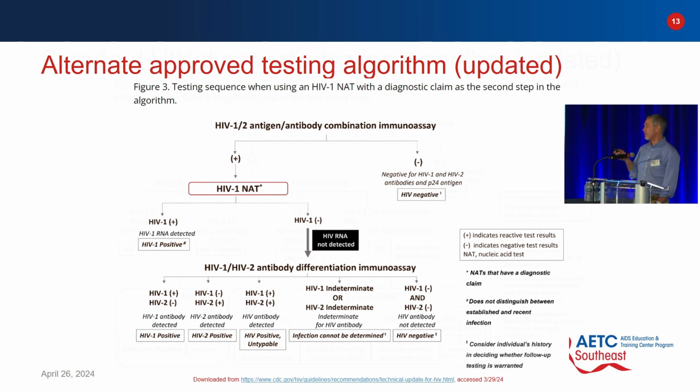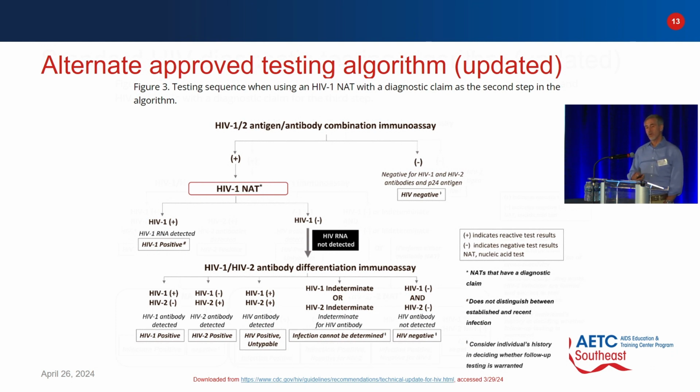And so if the first antigen antibody screening test is positive, then you can proceed directly to this HIV nucleic acid test. And if that is positive, then you can say that that person is infected with HIV.